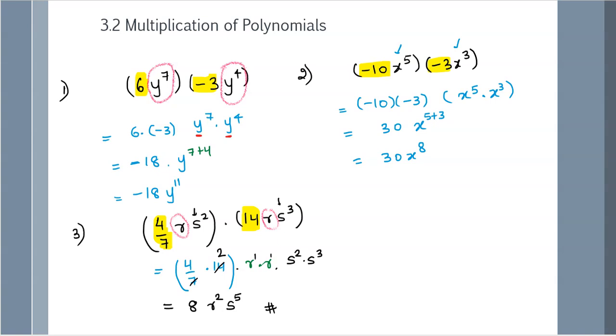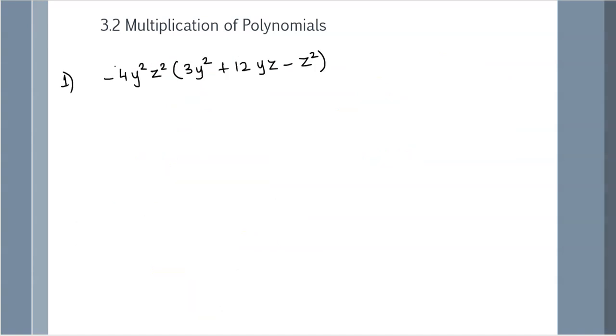Okay. Now let's see how we are going to multiply a monomial with a trinomial. Three terms, so trinomial. Do the same thing. You distribute this to each term. Okay. And then multiply. And then just simplify. So minus 4 y square z square times 3y square.